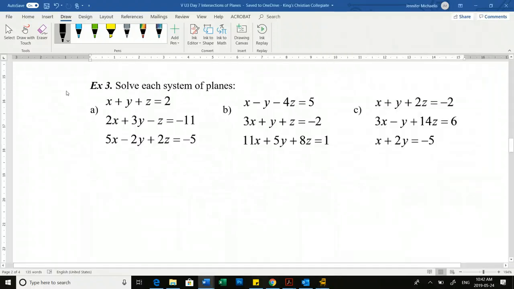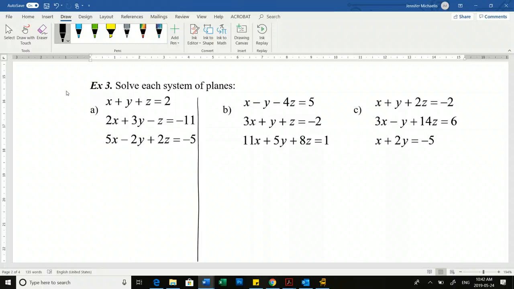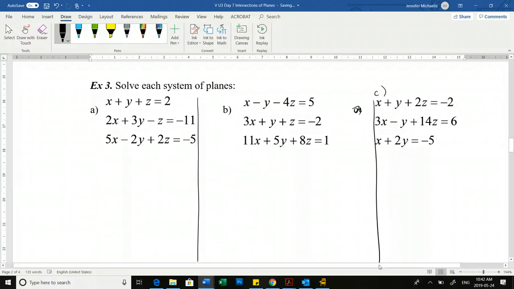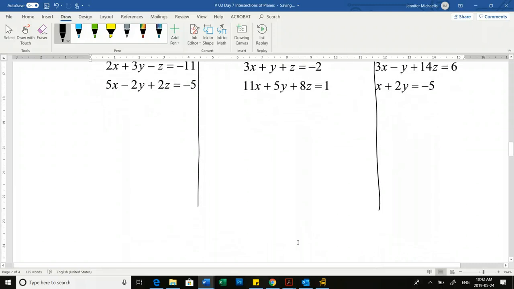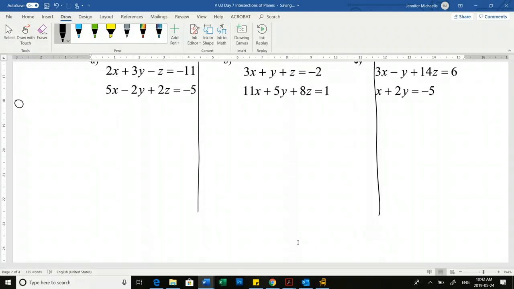All right, so your very first check for every single one of these is we're going to check whether they are parallel or not, okay? I'm going to put this more over here so I have a bit more space, okay? So your first check always, we're going to check for parallel planes.